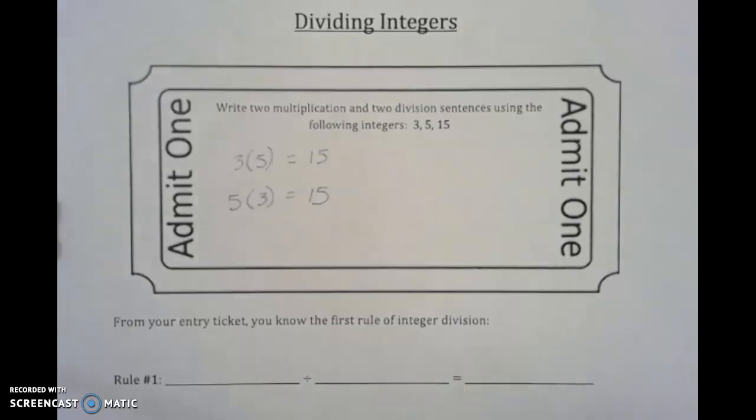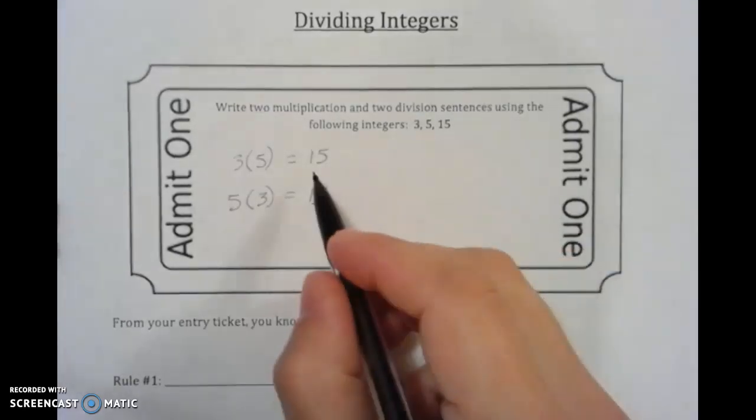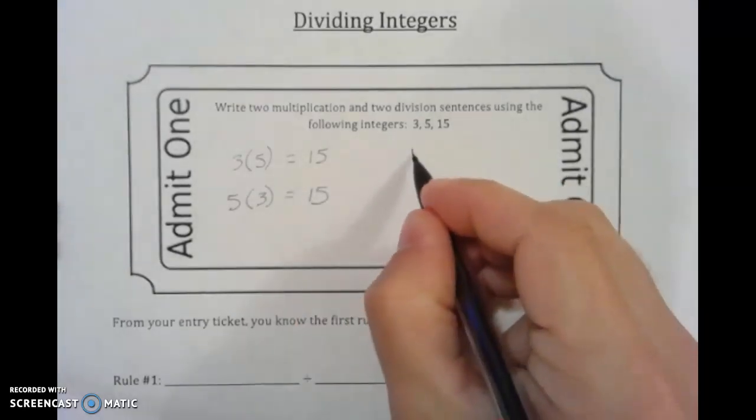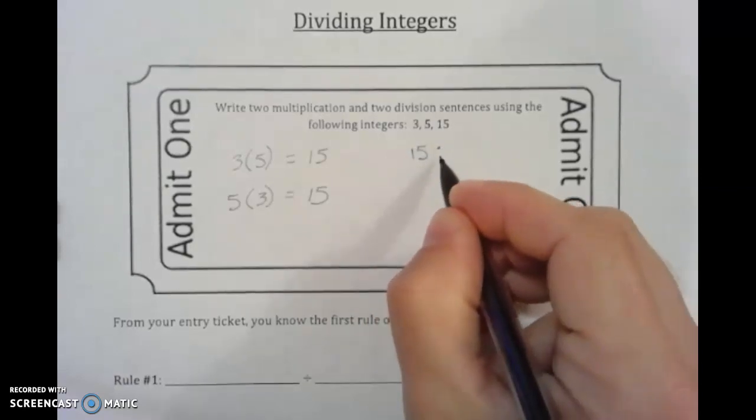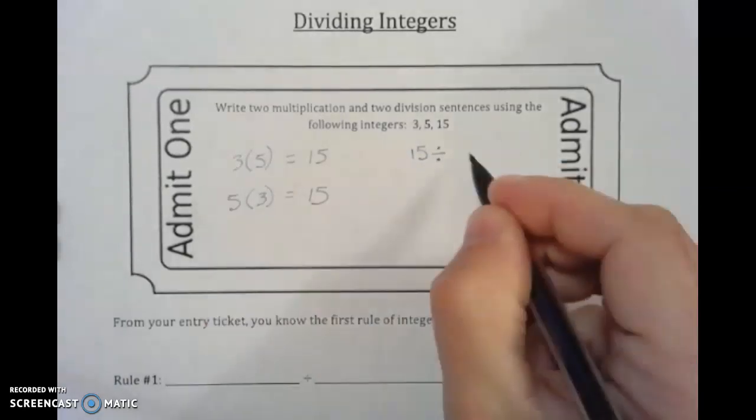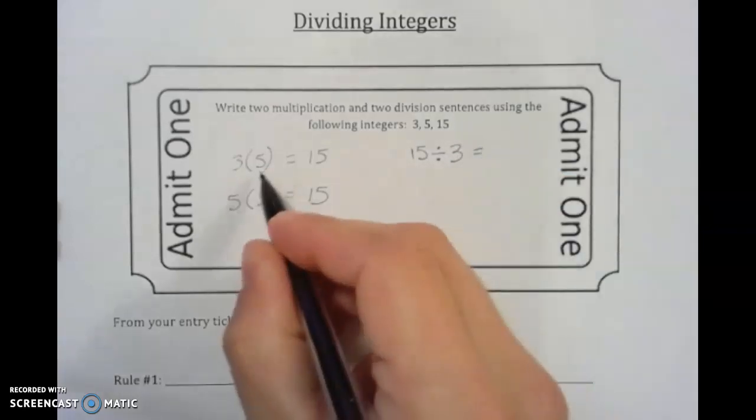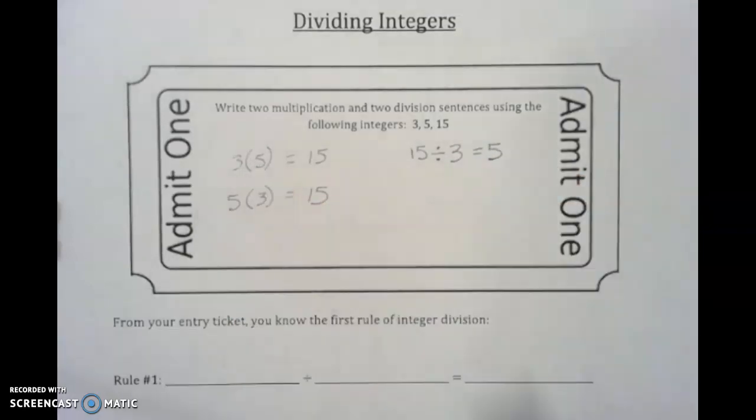So from the multiplication facts, we know that 3 times 5 equals 15, and we also know that 5 times 3 equals 15. Okay? And division is going to undo the multiplication that we do for these facts. So if I have an answer of 15, if I take 15 and divide it by the 3, then my answer has to be equal to 5.